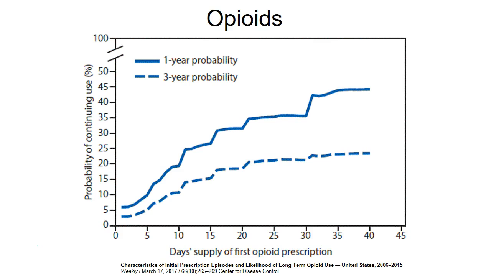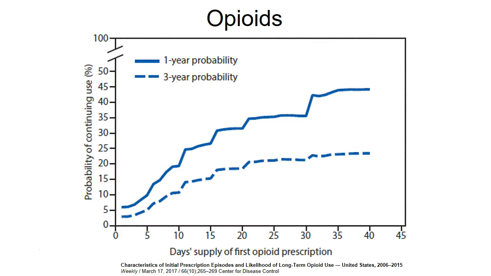The ability to be addicted is really high with opioids. If we take a look at days of supply of opioids prescribed, notice that once you hit about the 7 to 10 day mark, after that it goes up sharply.